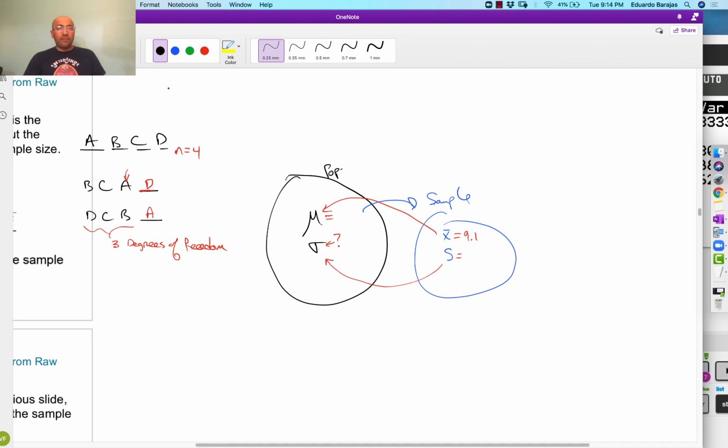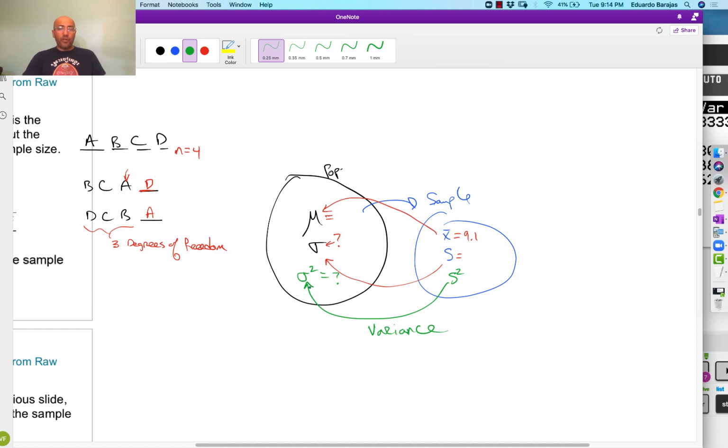But we have found that instead, s squared does do a good job of guessing sigma squared. So the variance is necessary for that. It does a good job of helping us guess what this is based on our sample.